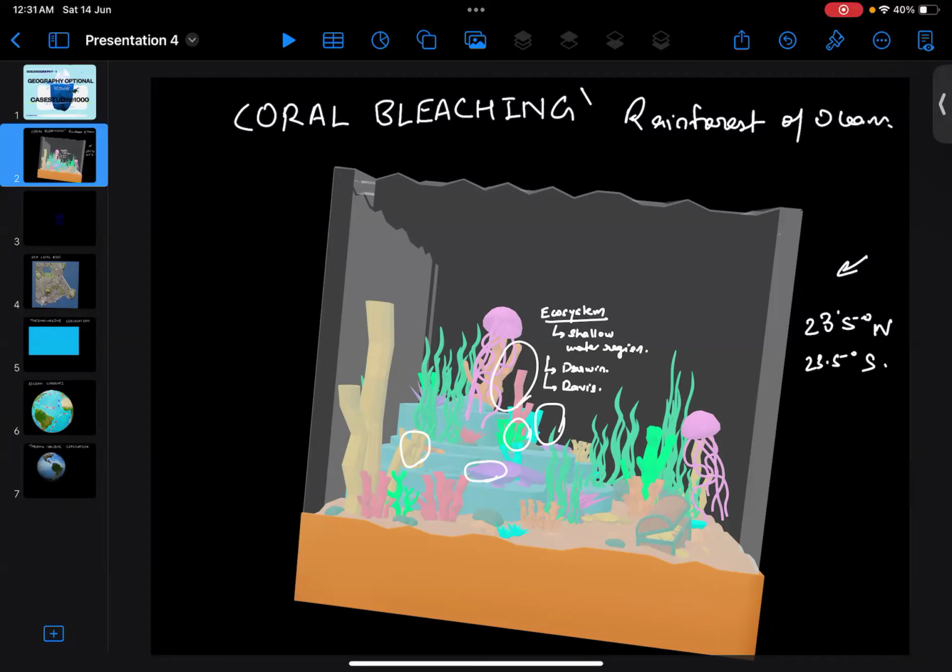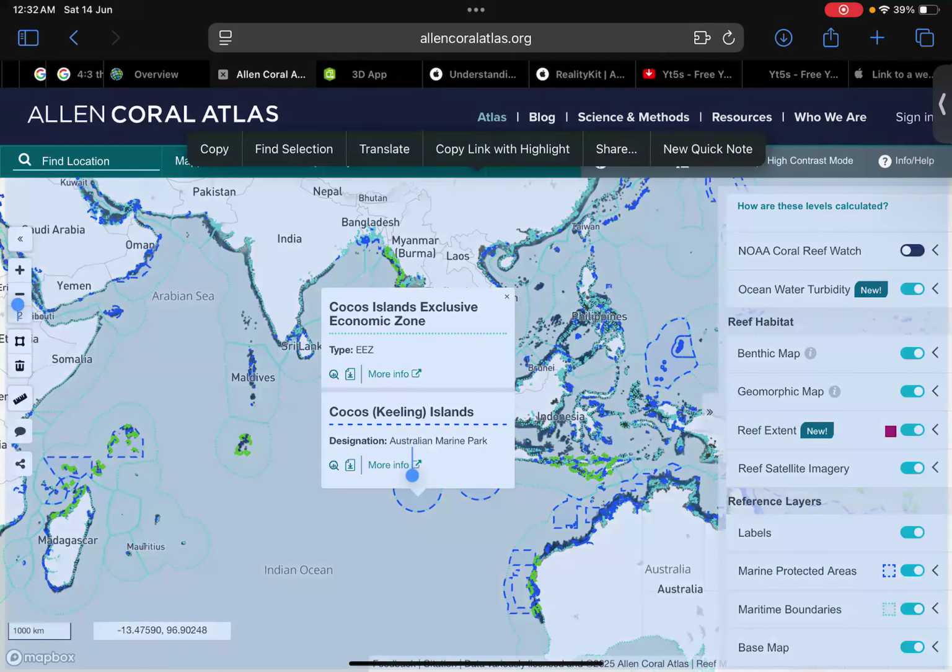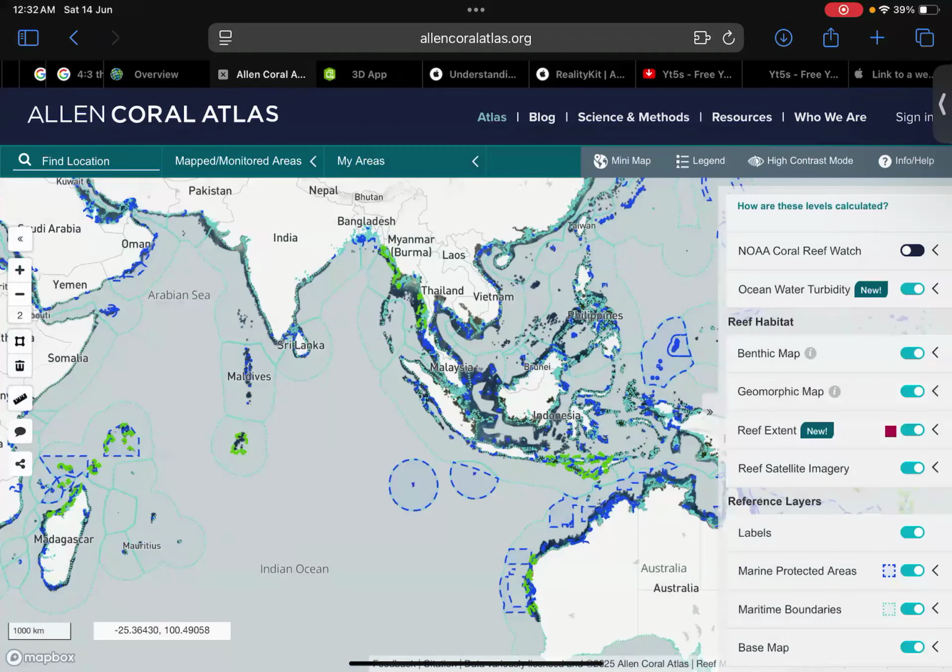Now as we have seen in the map here, there are various marine protected areas. This dotted region provided here is part of the marine protected area.